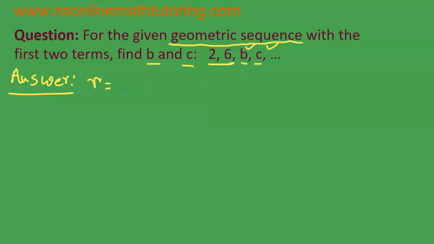Okay. So, first of all, we have to find the common ratio. It is 6/2, which is equal to 3. And this will be the ratio between the second and the third terms. So, B/6 will be equal to 3. This gives us the B value as 3 times 6, which is equal to 18.